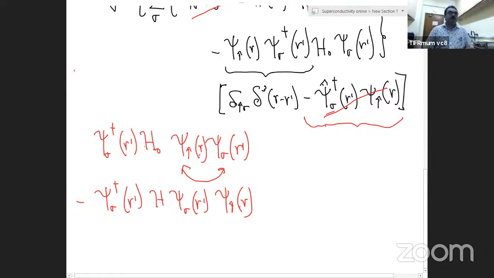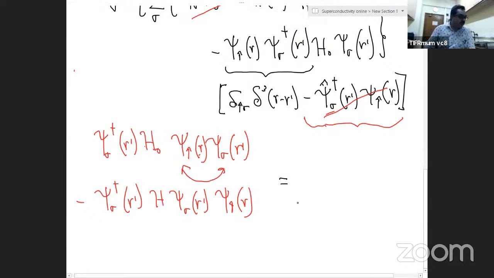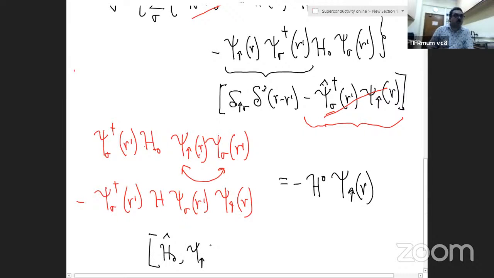and if I integrate over R prime, then what I will get is minus H naught psi up R. So therefore, this commutator gives me minus H naught.